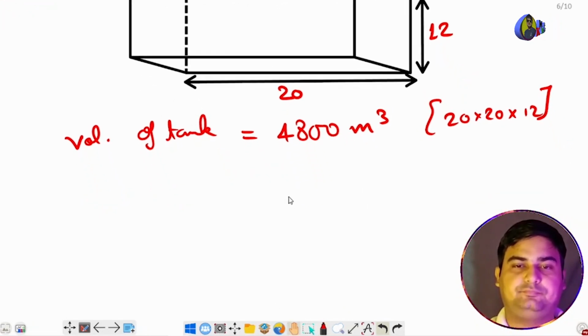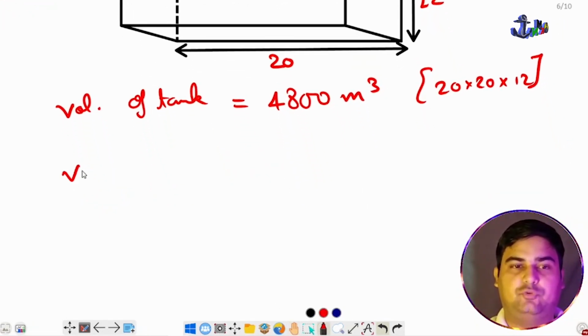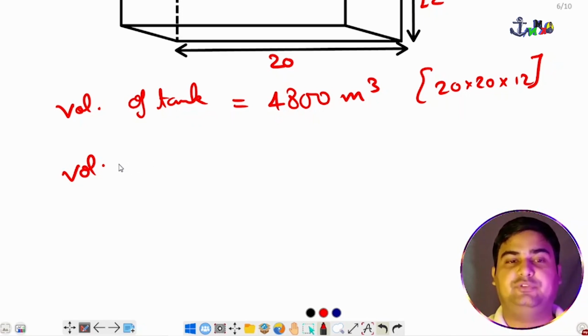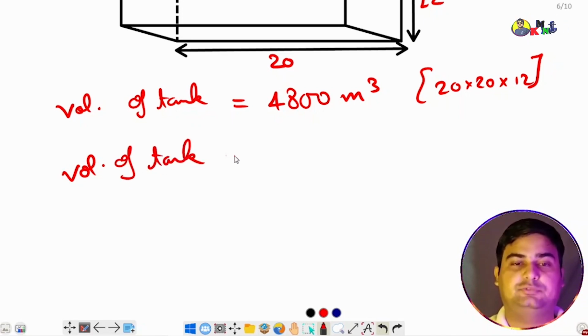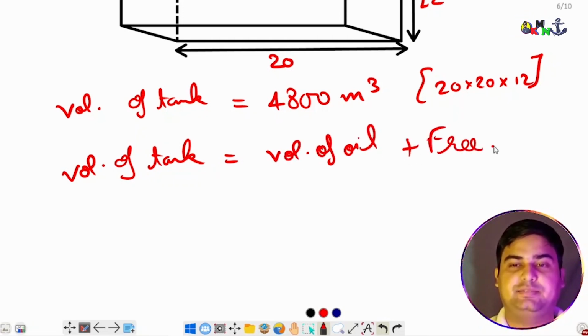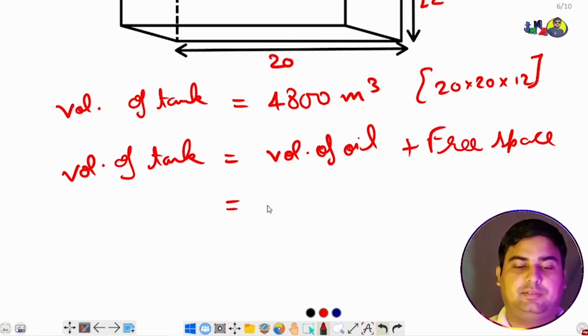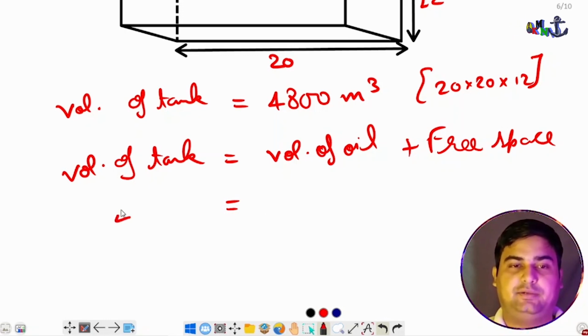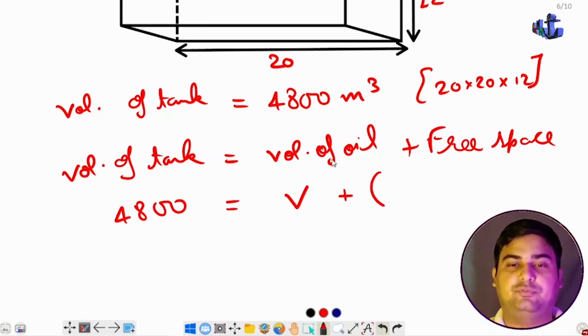Then we need to find out the volume of oil and free space. So volume of tank consists of volume of oil plus the free space. Volume of tank we know, 4800. Volume of oil we will take as V, and 2% of V is left for expansion.